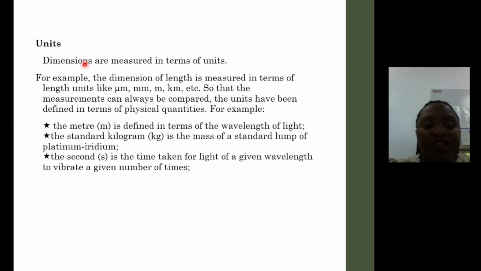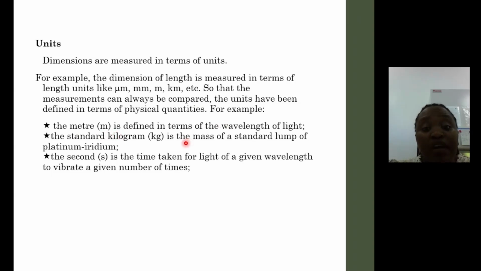Then we have units. So dimensions are measured in terms of units. For example, the dimension of length is measured in terms of length units like micrometer, millimeter, meter, kilometer, etc. So that the measurements can always be compared. The units have been defined in terms of physical quantities. For example, the meter can be defined in terms of the wavelength of light.